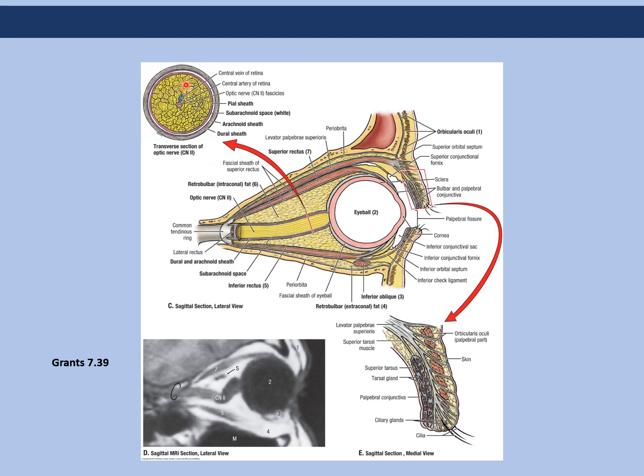If we take a cross section of the optic nerve, as they've done here, notice that the optic nerve is surrounded by dura and arachnoid membrane and pia membrane. Running up along the center of the optic nerve is the central vein and artery of the retina. We'll talk some more about that as we continue to discuss the eye.